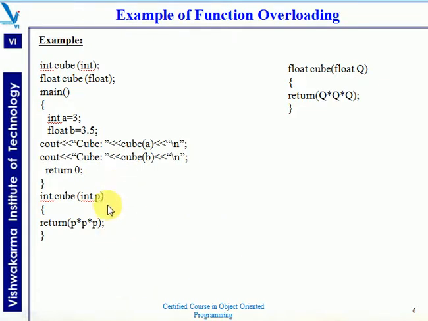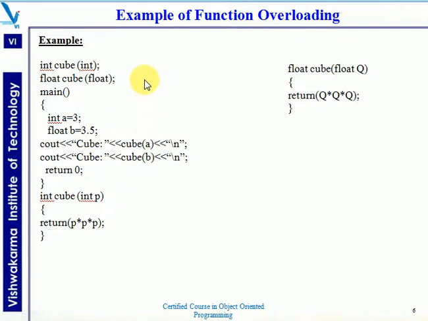What I am doing here is performing the operation of cube. I have passed this parameter p. Likewise I can use the same function twice, but here I have used different types of arguments.